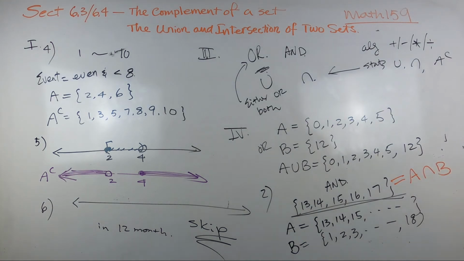A intersect B. So it will be 13, 14, 15, 16, and all the way to 17, right? All this. So this portion is what? Intersection. So that would be your intersect. Okay? Intersection.